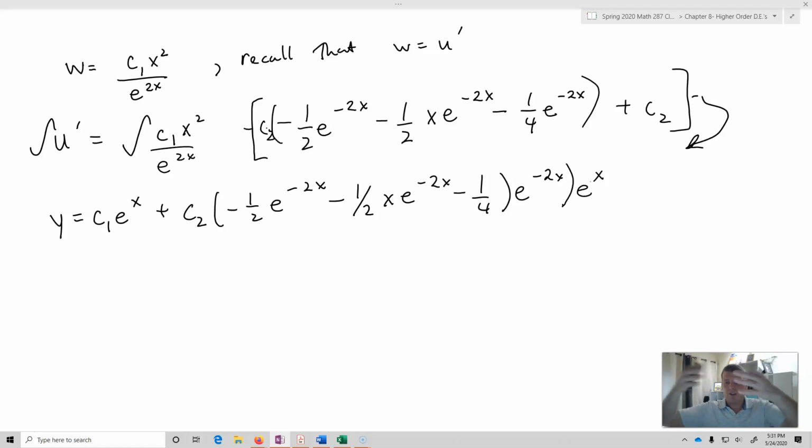The trick to solving for u is to eliminate all the u terms, so that you're left with only u double prime and u prime. Then make a substitution. Once you have the substitution, you have a first order linear differential equation. You can use the integrating factor to solve for what we substitute, call it w. And then we integrate to get back to u. So let's try that again.